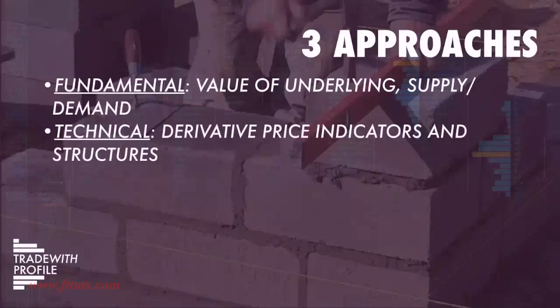Second, technical. So these are traders who build their perspective. They don't look at the fundamentals. They don't really care about underlying value or supply and demand. What they look at are prices, patterns, and indicators and structures based on the arrangement of price. So if you have seen crazy charts with all of these angles and mathematical things on them, this is often a technical trader.